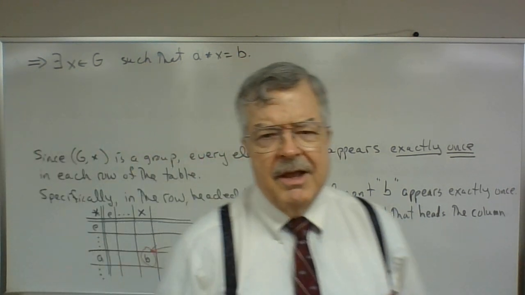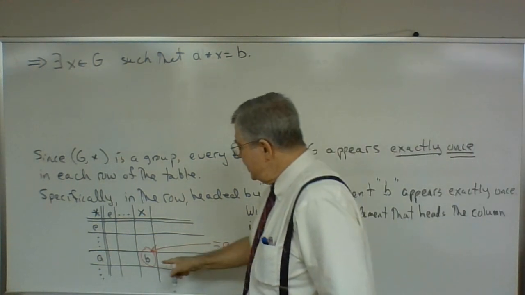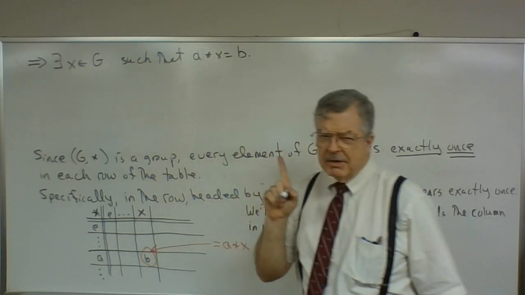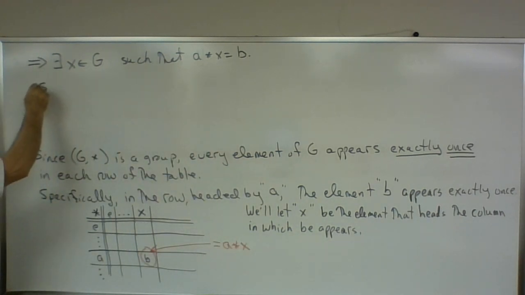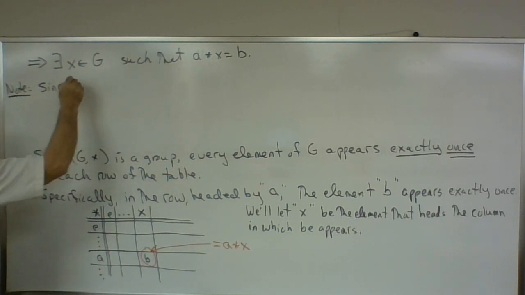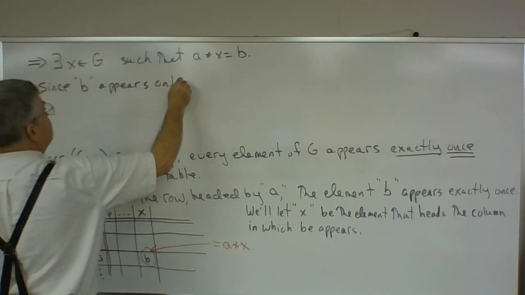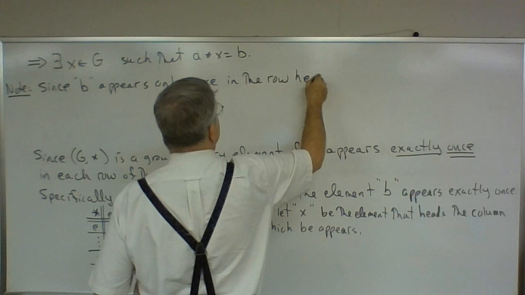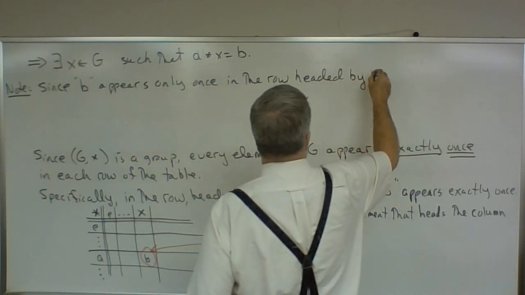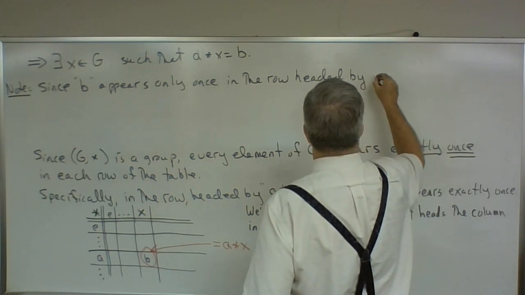And do we learn anything else from this? We do. The element B appears in the row headed by A, but it only appears once. And I'll say no other solutions exist.